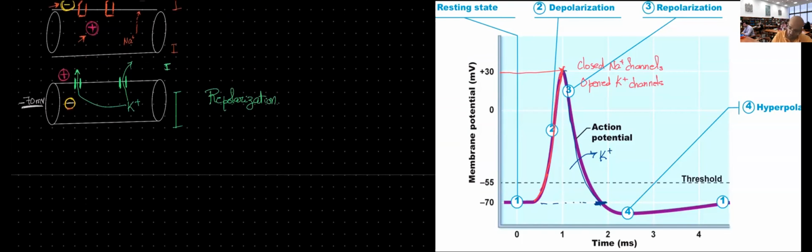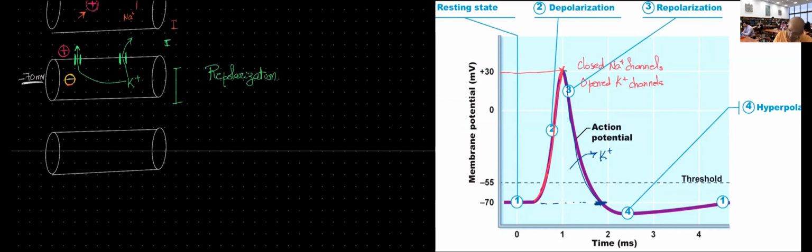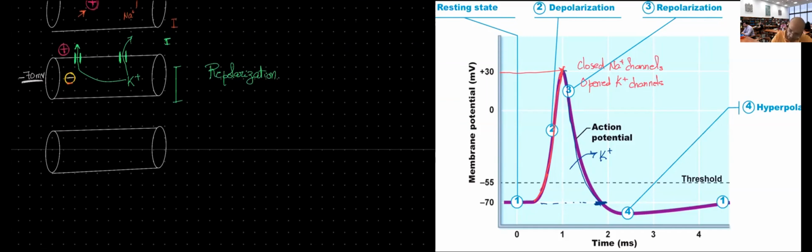But as those potassium channels are going to be slow to close, I will keep leaking potassium out. Even after I reach my resting membrane potential, after I reach negative 70 millivolts, I will still be leaking potassium to the outside.